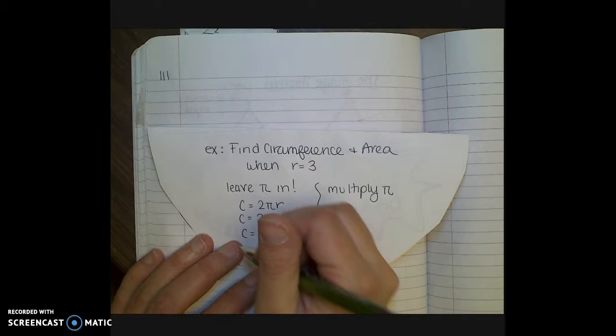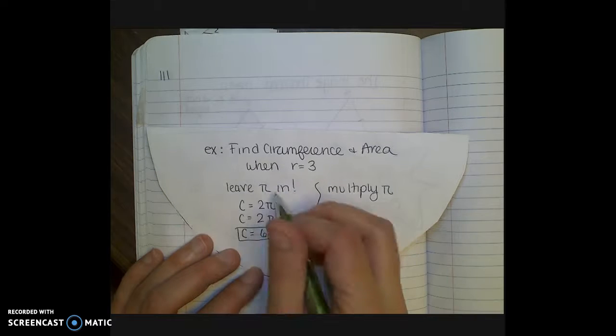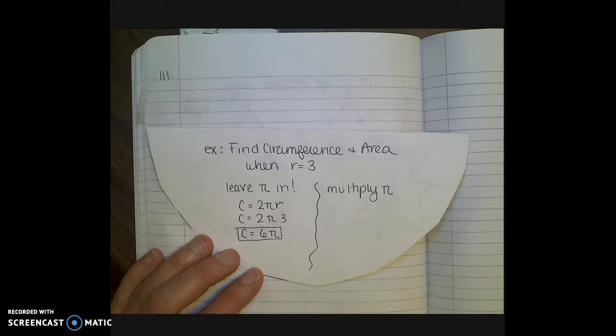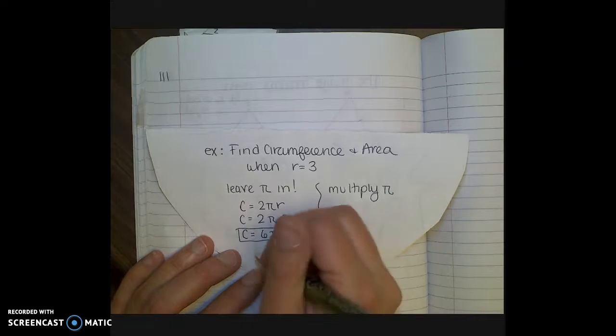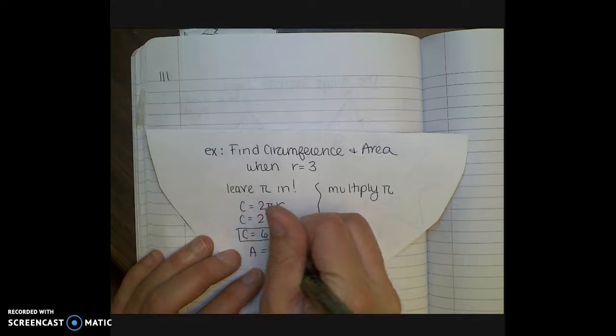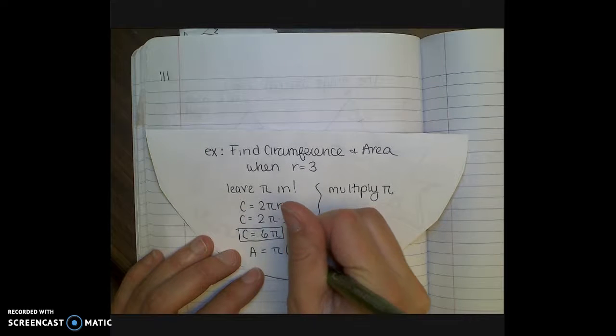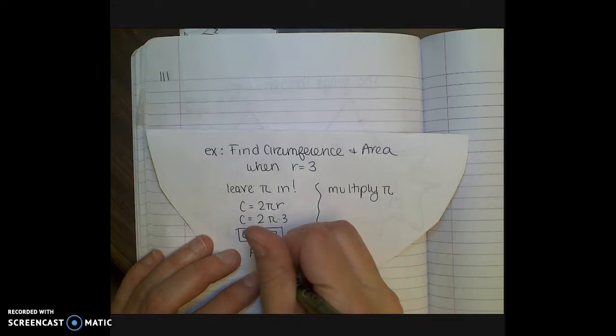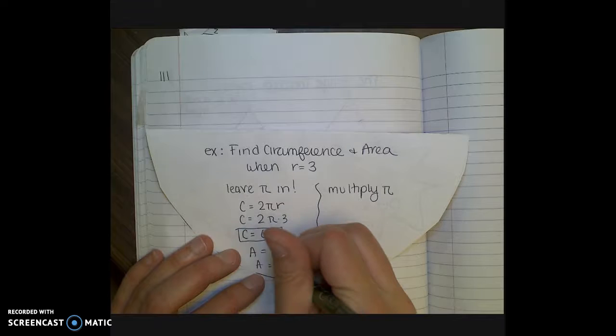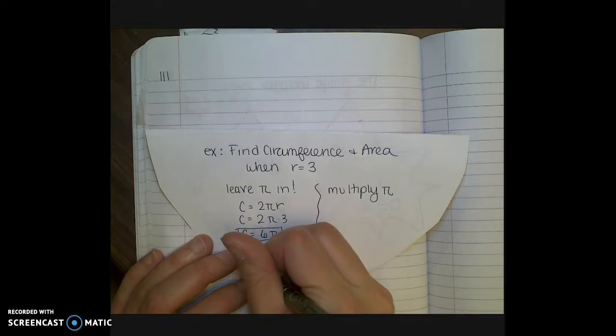It's super duper easy. I love leaving in terms of pi because it means I do less math. To find the area, we'll just do pi r squared, so pi 3 squared. And if I'm going to leave pi in, that means it's just 9 pi, and then I'm done.